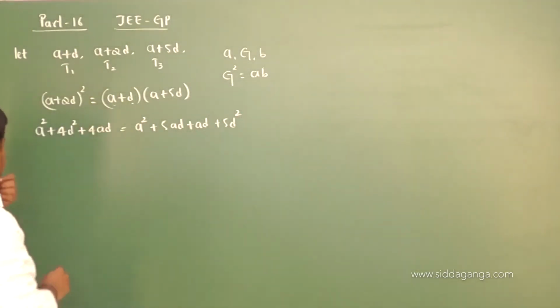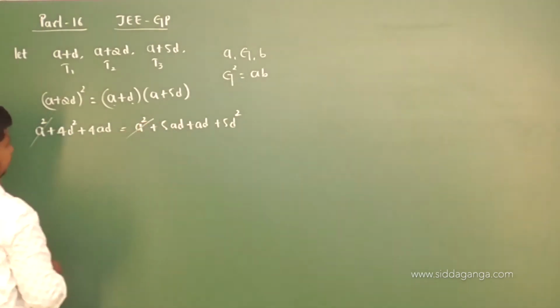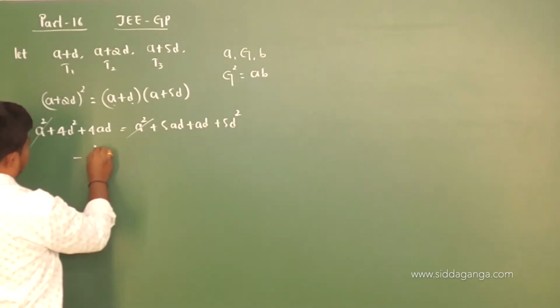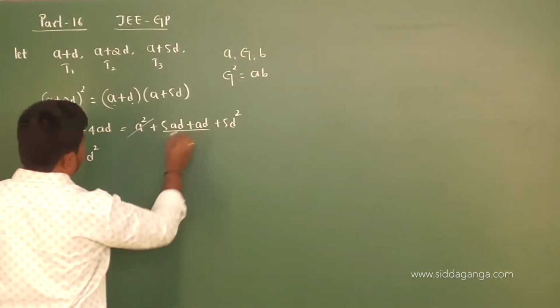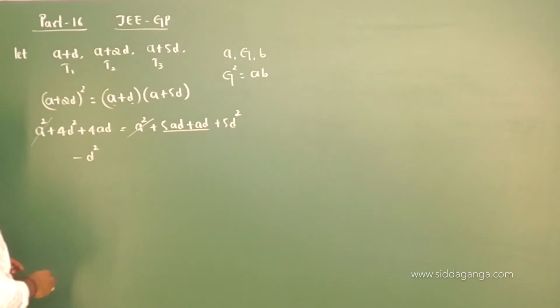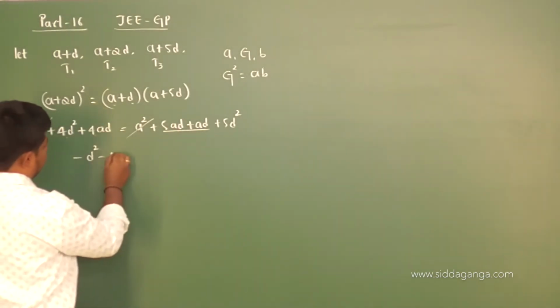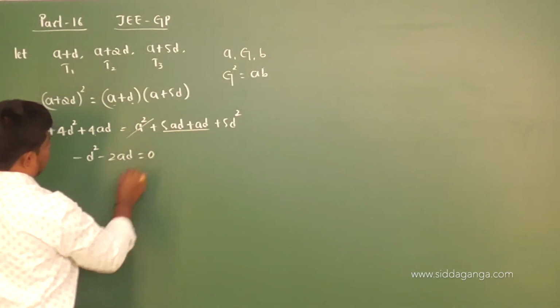Now A square gets cancelled. Now 4D square minus 5D square gives minus D square, and here we have 6AD, that is 5AD plus AD. 4AD minus 6AD gives minus 2AD, equal to 0.